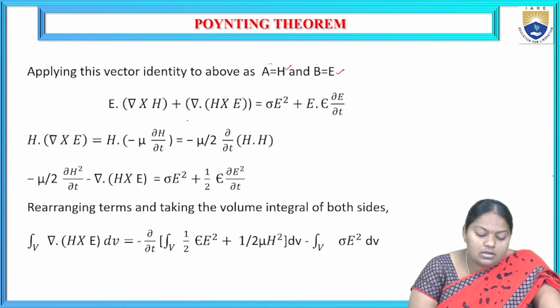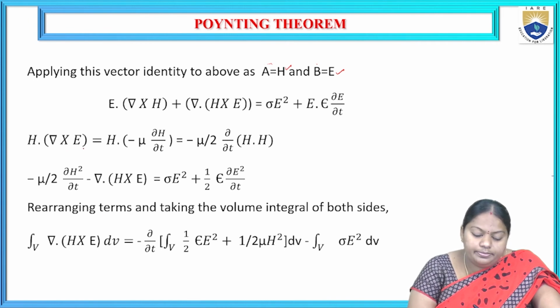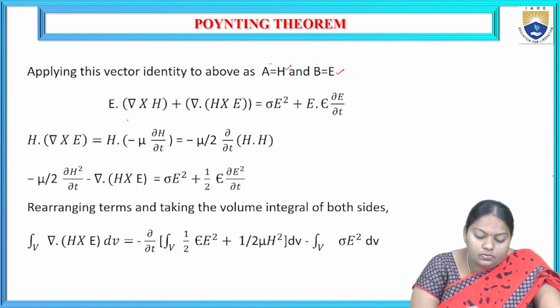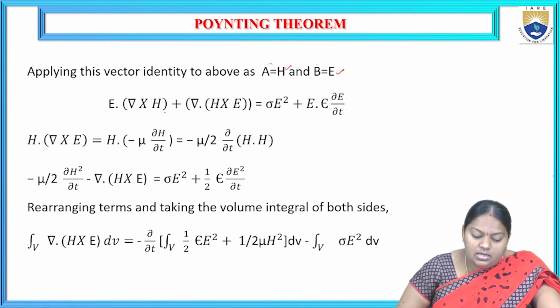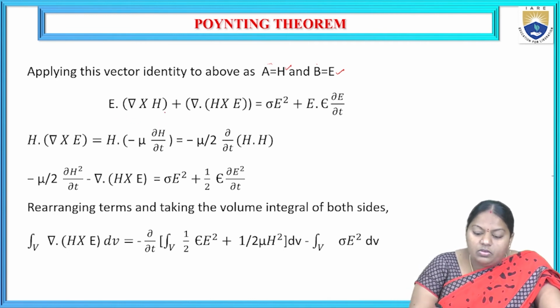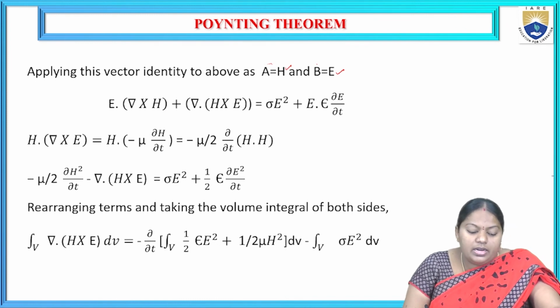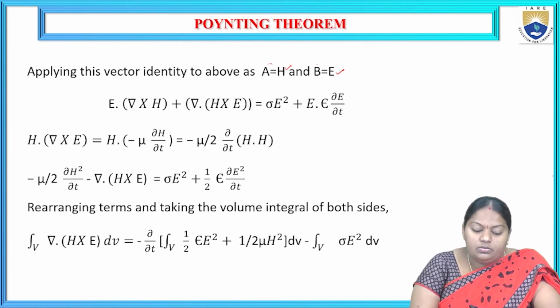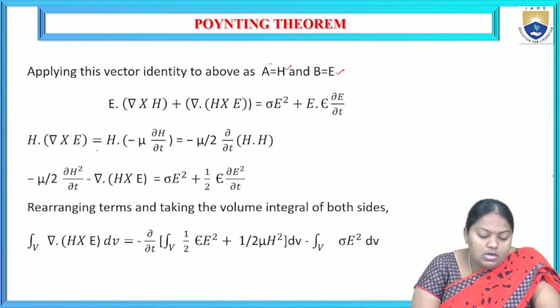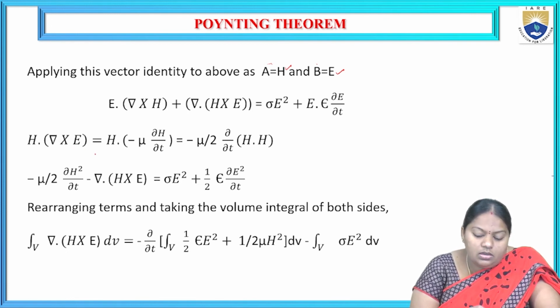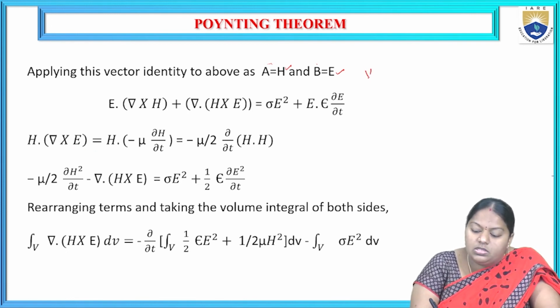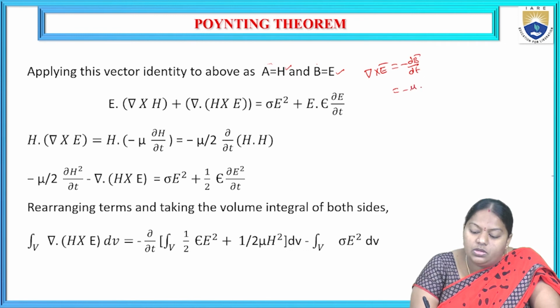So from this, H dot del cross E, in this equation H dot, previously from that equation we have got H dot del cross E. What is that? From Faraday's law, what is that equation? Del cross E bar equal to minus dou B bar by dou t, and minus mu into dou H bar by dou t.